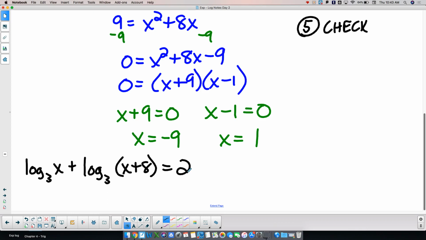If I plug negative 9 into that term right there, is that legal? Why not, Henry? Because the x in that one's the number of the argument. Yep, you can call that the argument. Yep, the argument can't be negative. So I can't put negative 9 into my first term, so negative 9 cannot be an answer. I throw it out.